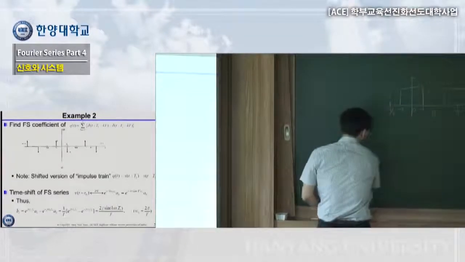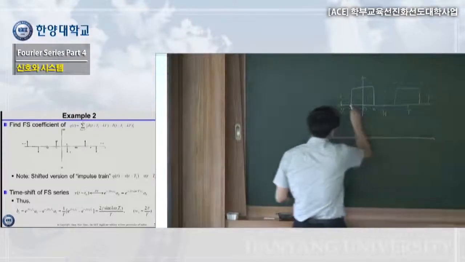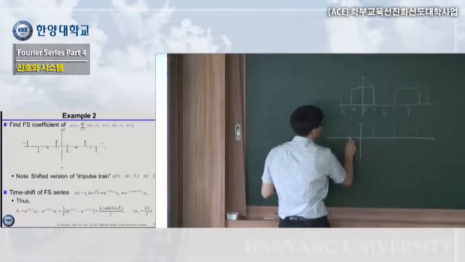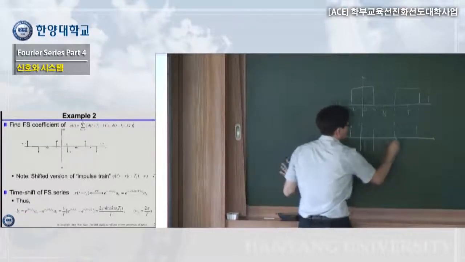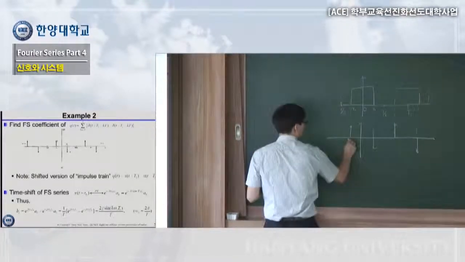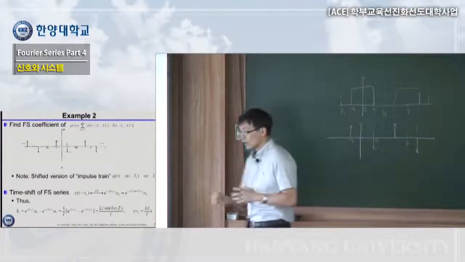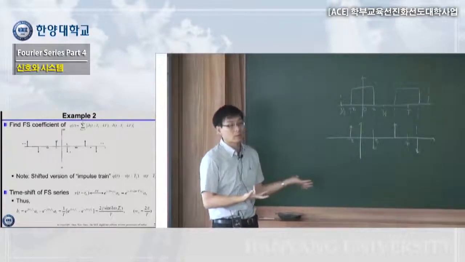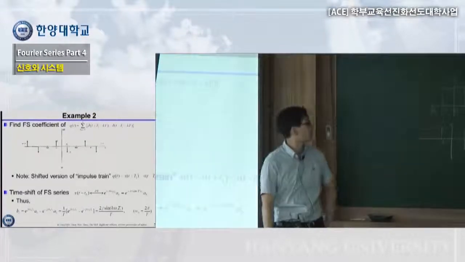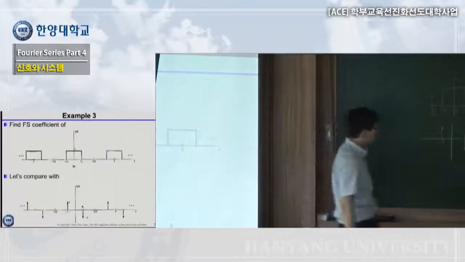Say that we already know the Fourier series coefficient of this, with T1 and T here. We assume that we already know the solution for this. We already found the equation. So let's compare these two.